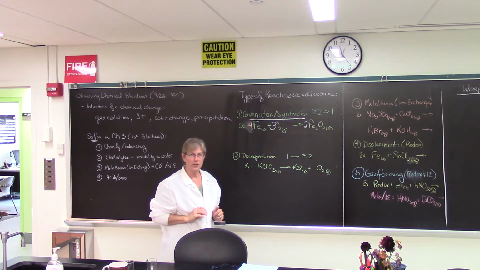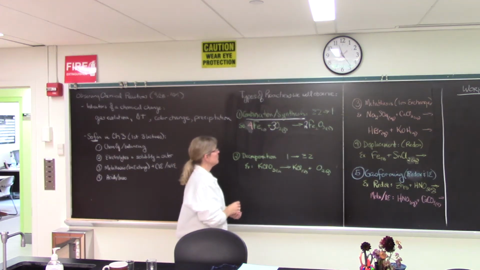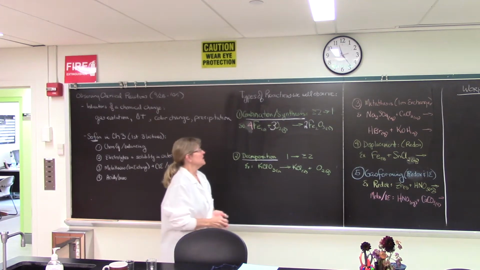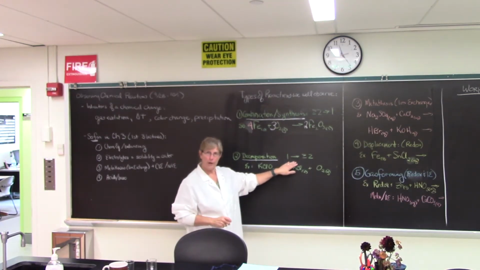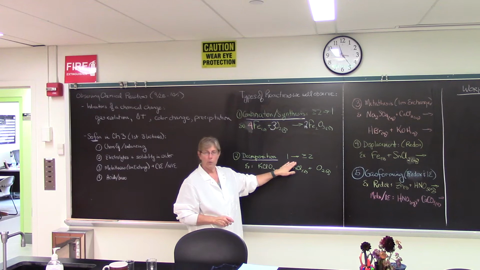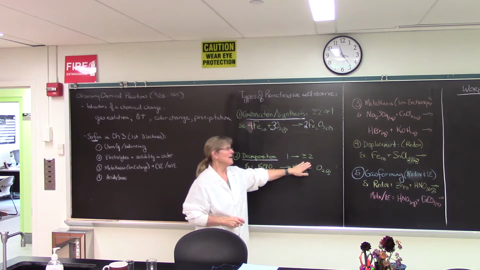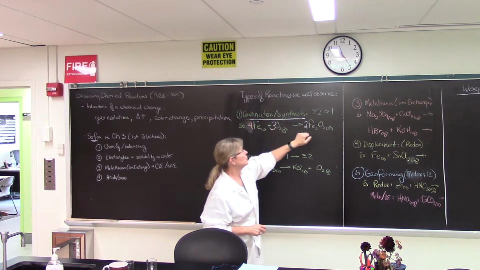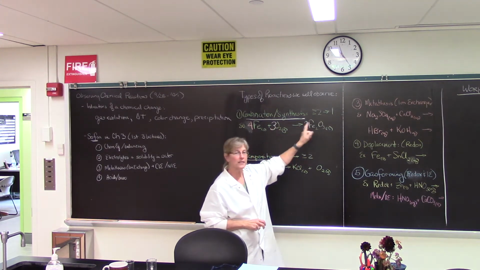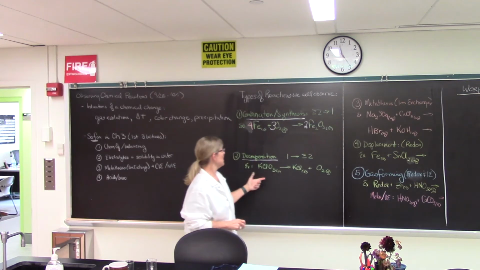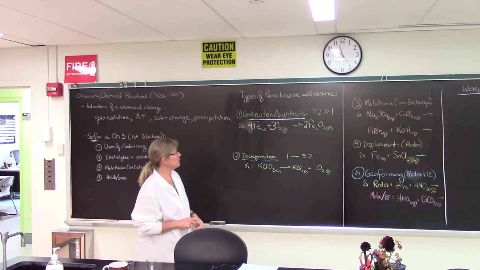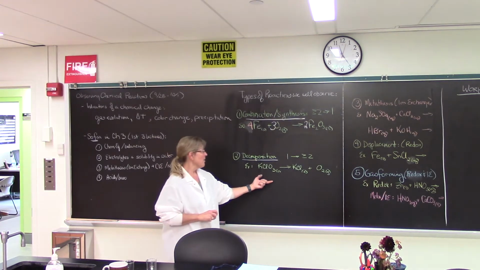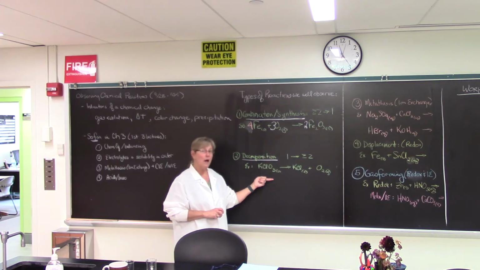That's a balanced equation. Another type of reaction we're going to see today is decomposition. Decomposition is where you have one reactant becoming 2 or more products. Forgot to mention for combination or synthesis, you have 2 or more reactants becoming one product. So for decomposition, my example here is the formation of KCl and oxygen gas from potassium, which one is it?